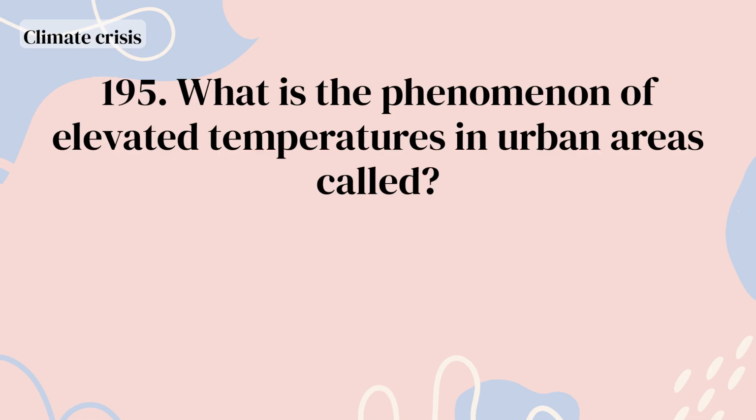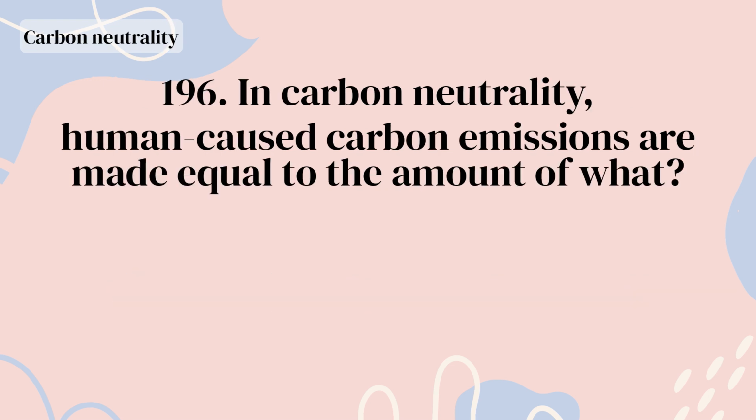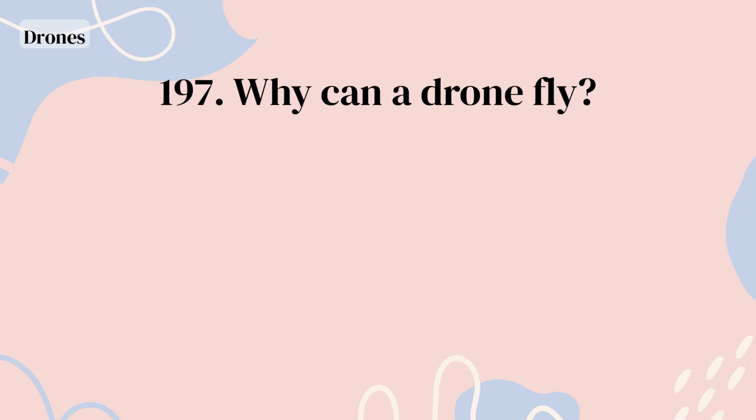What is the phenomenon of elevated temperatures in urban areas called? Urban heat island effect. In carbon neutrality, human-caused carbon emissions are made equal to the amount of what? Carbon absorption. Why can a drone fly?